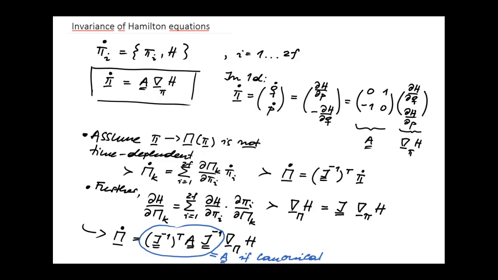Okay? So if the transformation is canonical, then again you have the A here.